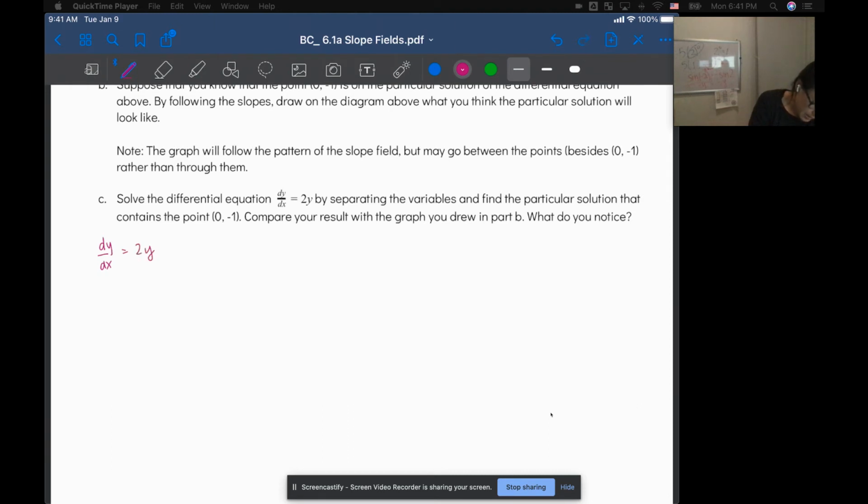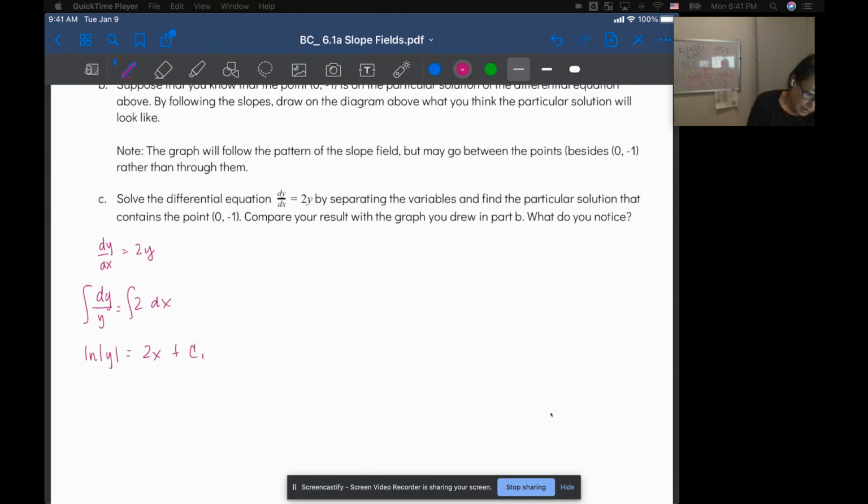Okay, so I get dy over y is equal to 2 dx. Okay, now I can integrate. So I end up with ln of the absolute value of y is equal to 2x. Remember to add c to one side.